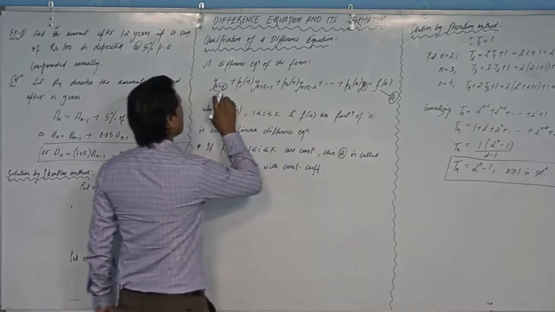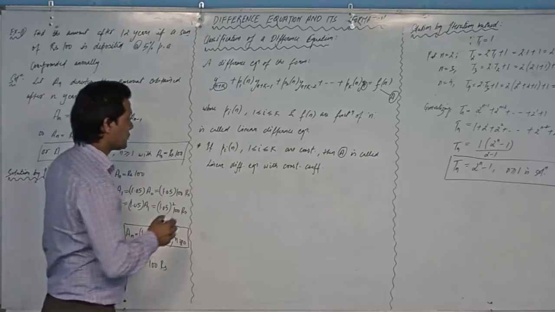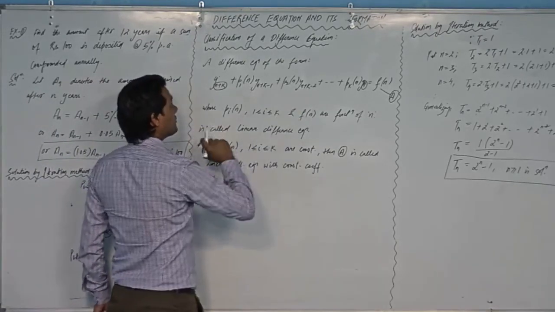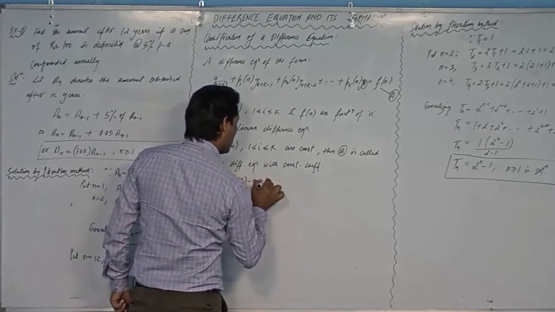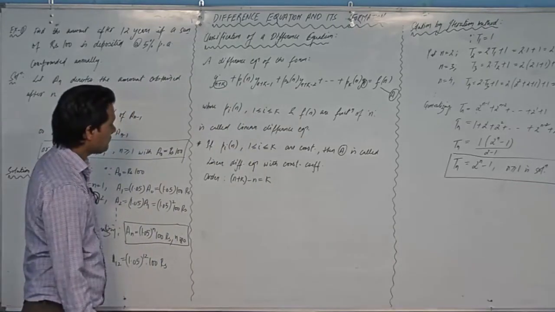You should subtract these two to get the order. So the order of equation A is n+k-n, which is equal to k. So this difference equation is of order k.